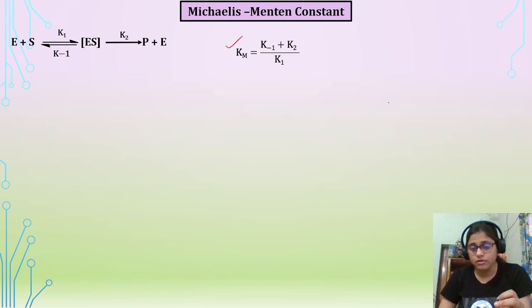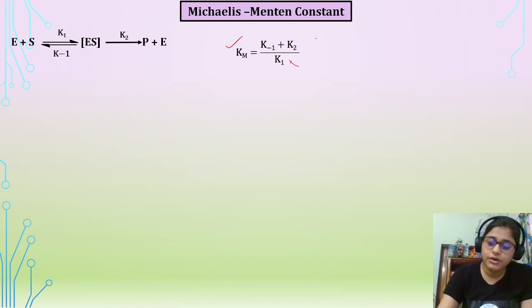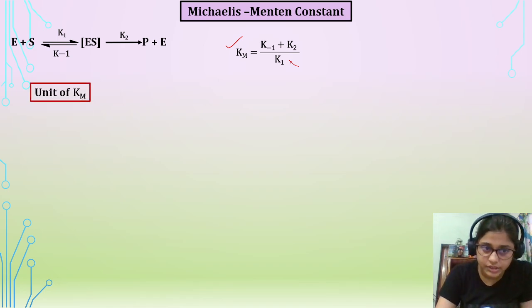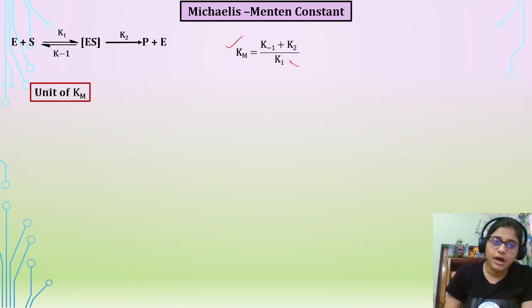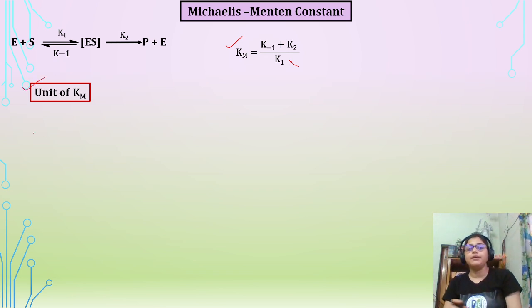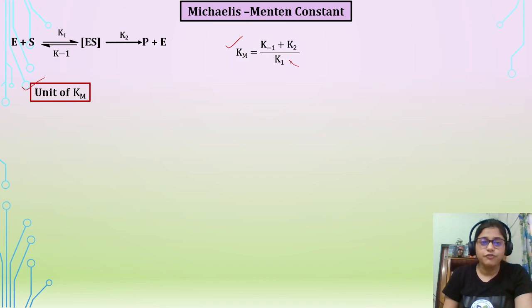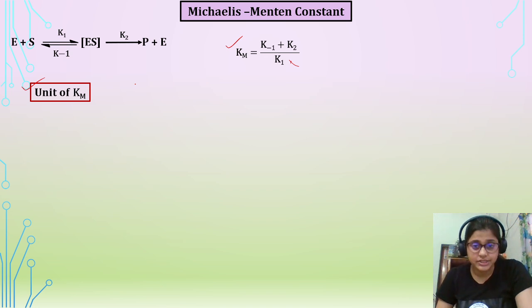Let's say we have to calculate one value from here. So this is a very important term. So the unit of Km, how can we define the Km unit? Okay, so for that we have to understand, as I am telling you from chemical kinetics day 1, that the unit of rate constant actually depends on the order of reaction.